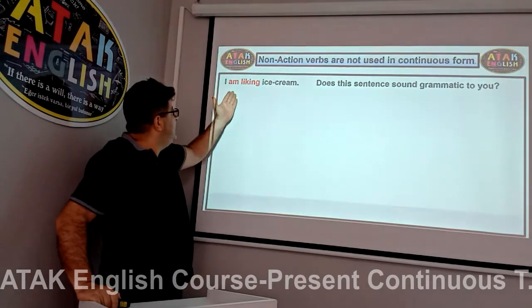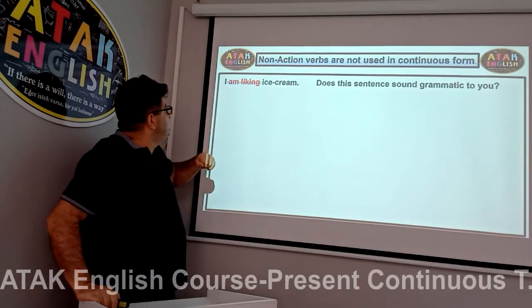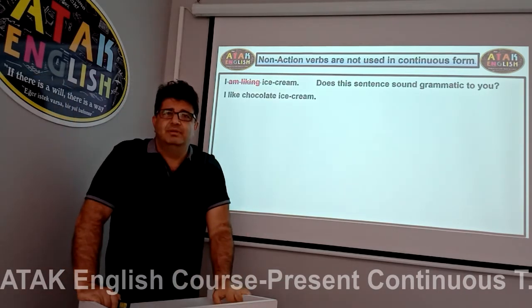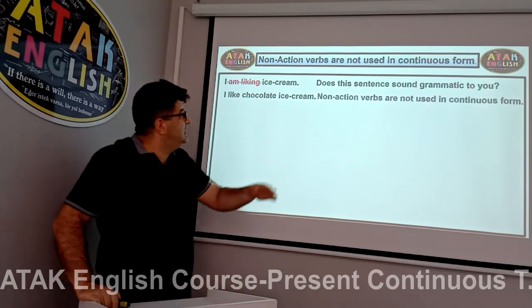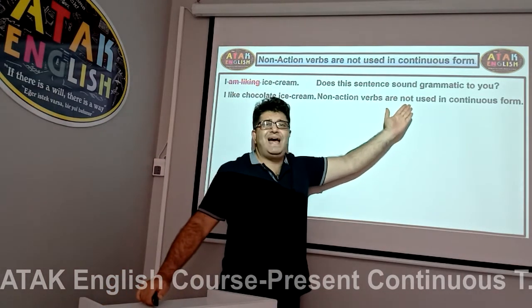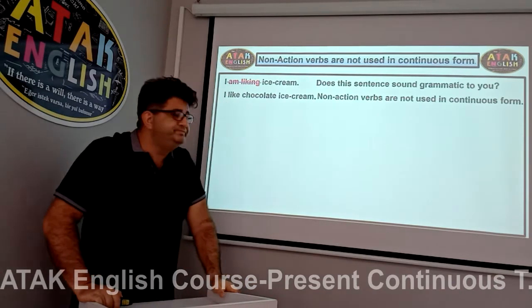Instead of saying I am liking ice cream, that's wrong. We say I like ice cream. Okay, mostly we use it in simple present. Why? Because our rule is non-action words are not used in continuous form.